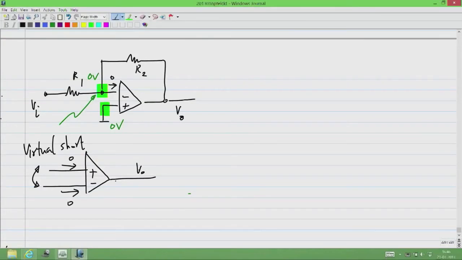So now, because this is at 0 volts, what is the current through R1? Please try to answer this. What is the current through R1?